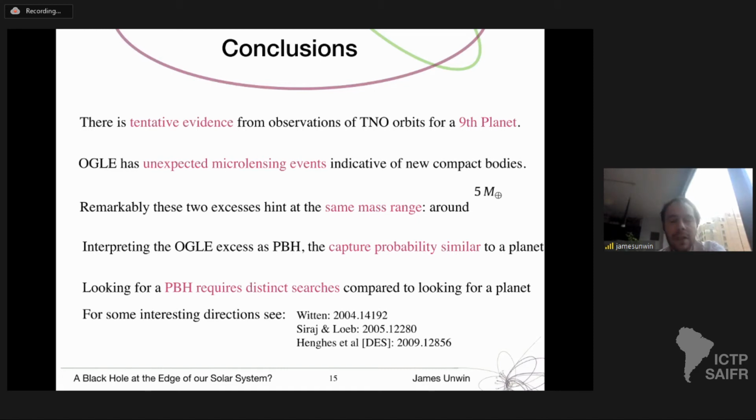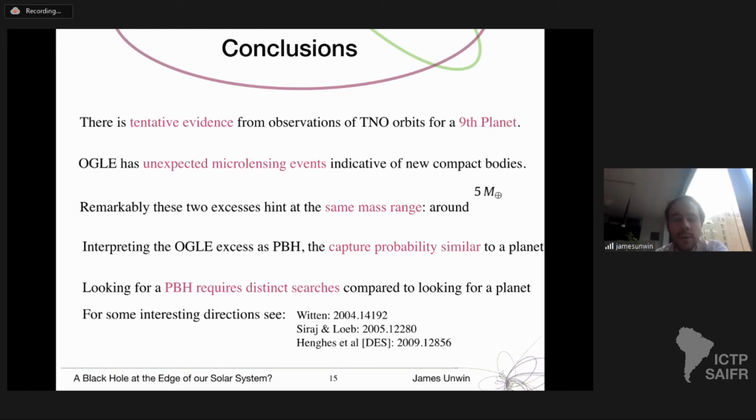But if you now start thinking about this as a primordial black hole, which perhaps leads to indirect detection signals, then you can start searching for this in gamma rays or with other broader tools. And this has already generated some interesting research in this direction.